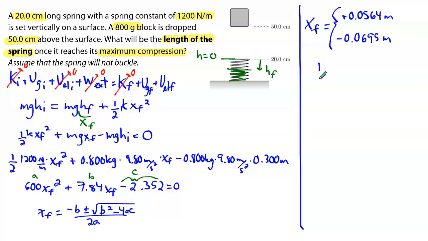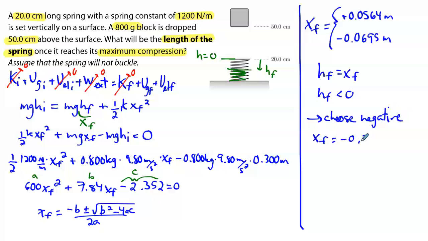And since we know that h final is equal to x final, and h final should be a negative number, then we have to choose the negative root. So this means that x final is equal to minus 0.0695 meters.